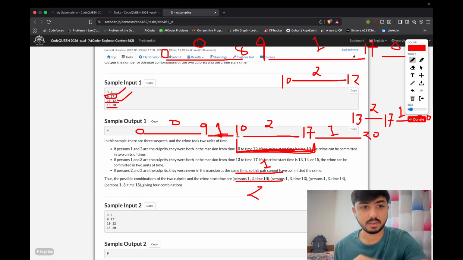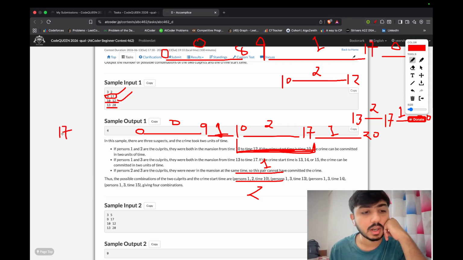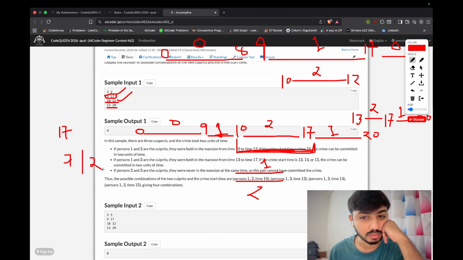So what we can say here is we have 10 to 17, and there are two, so 7 divided by 2, 8 divided by 2.